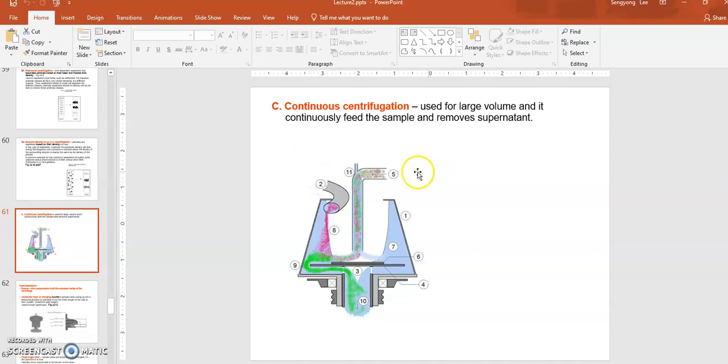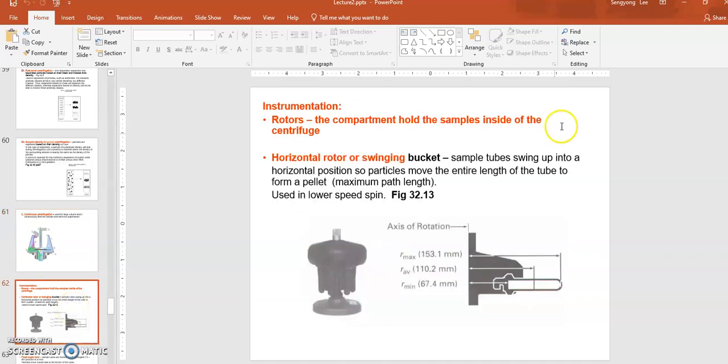So there's continuous feeding of your material, continuous collection of your pellet and continuous collection of your supernatant. Through continuous operation of the centrifuge, you can separate out about 100 liters of volume this way. It's the design of the operation that allows large-scale centrifugation.